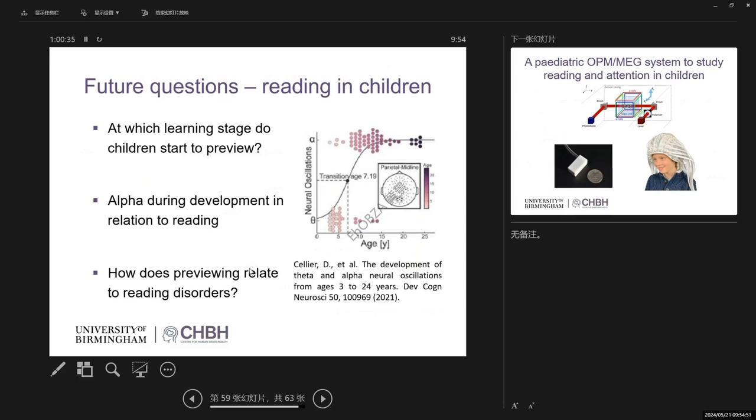First of all, not so much work has been done using EEG or MEG on reading in children. So there's a big question on when do children learn to read fluently, in the sense that fluent reading we here consider as the ability to take in multiple words at the same time, right?